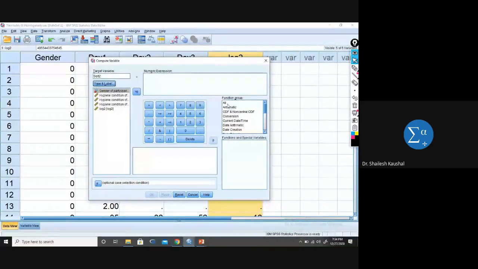Now I search square root. So I am clicking all, and then I am searching square root, s q, square root.